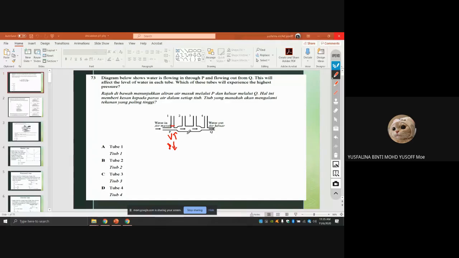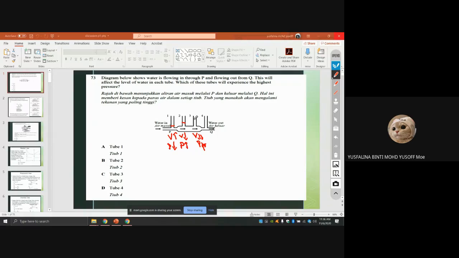Then this one, the velocity is low, so the pressure is high. So the water will rise up. And this one, the velocity is still low compared to this one, but the pressure will be very high.